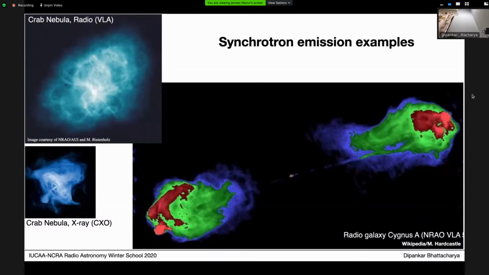And on the right-hand side, I have shown the picture of a very large, well-known radio galaxy called Cygnus A, where relativistic particles are being pumped from the central source, which you see as a small bright point, through large jets, and these jets then interact with the surrounding intergalactic medium and produce these large blobs of synchrotron radiation called the lobes, which are the brightest points that you see in this picture. So all of this is synchrotron emission. Next slide, please.